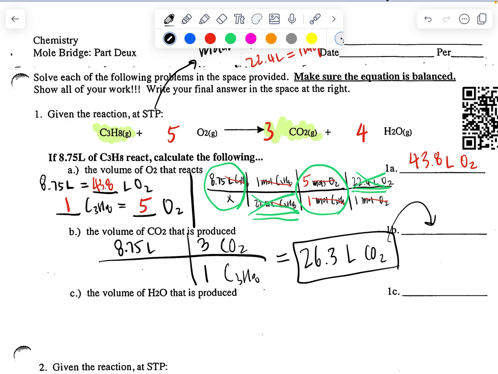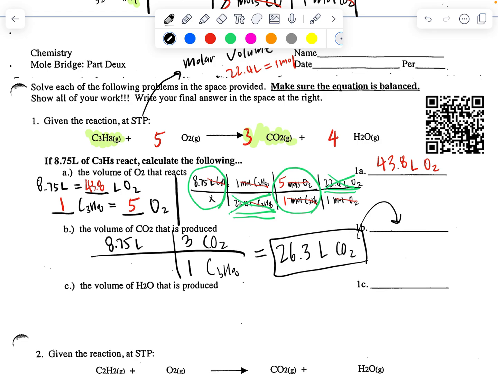Okay? So I'm going to do one last one using that short method. If you want to do the long way or the short way, they're both fine, but just know that if you're just going from liters to liters using the molar volume and using the mole bridge, all you actually have to do is multiply by the mole bridge, the molar ratio.